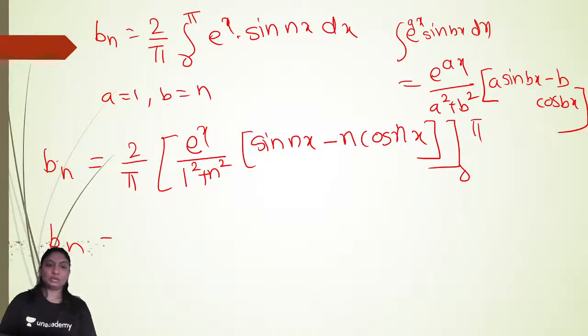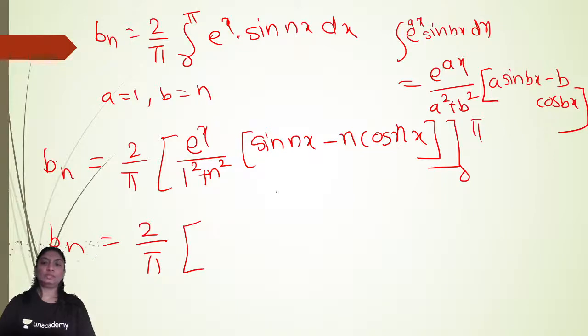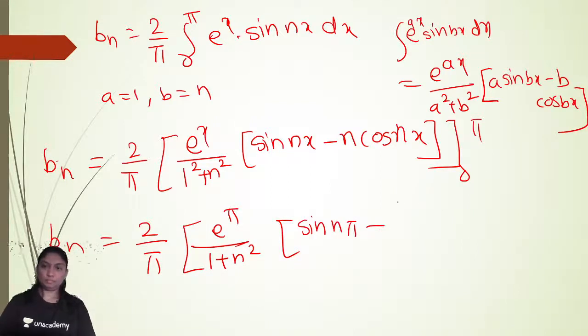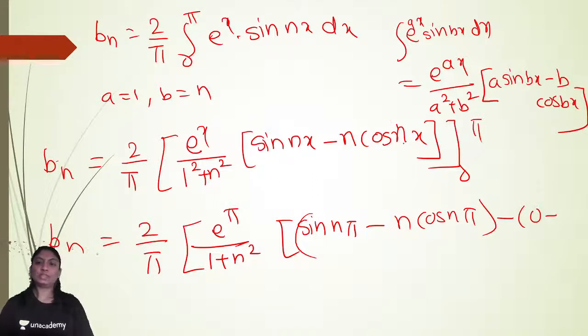So Bn is equal to 2 by pi, here put the integral limits: e raised to pi upon 1 plus n square into bracket sine n pi minus n cos n pi, minus sine 0 minus n into cos 0. Cos 0 is 1.